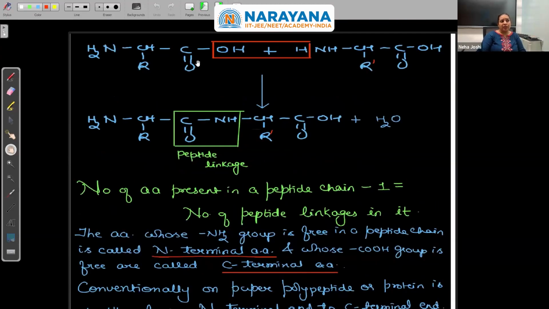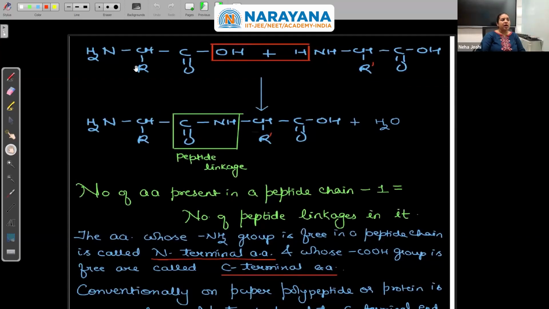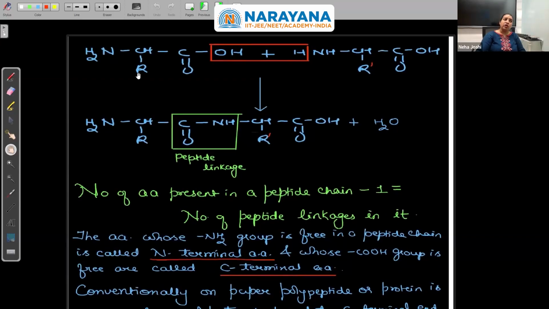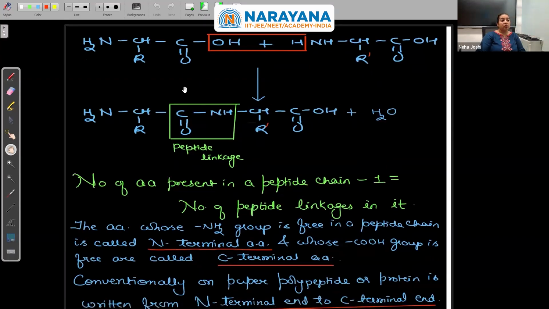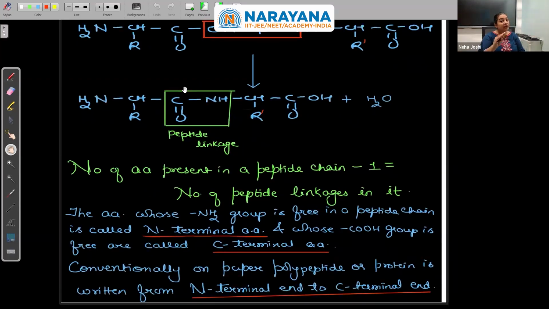Now, whenever you write the peptide linkage, there are 2 possibilities. You can write this on the left-hand side using the acid of R1 and amine of R2, or you can use the acid of R2 and amine of R1. So those 2 will be treated as different dipeptides. They are not identical. Okay, that is a rule.